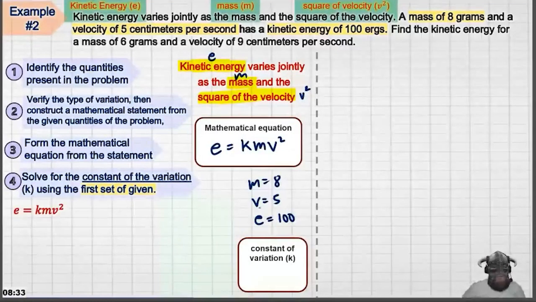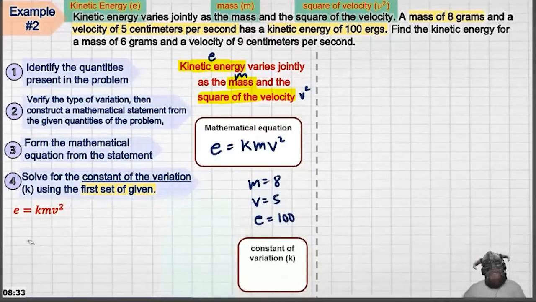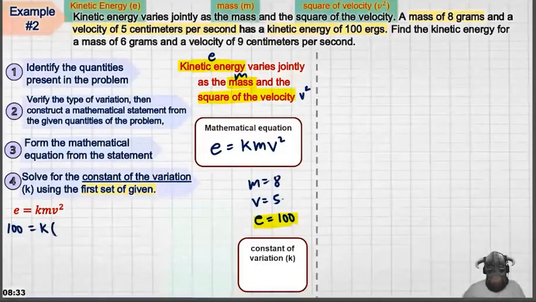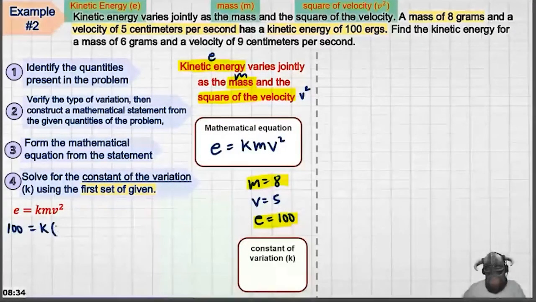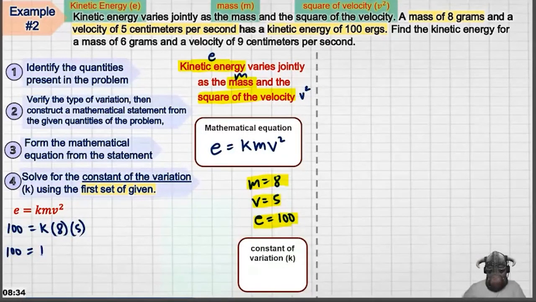And we'll try to use, once again, this mathematical equation to solve for the value of K. Substitute lang natin, E will be equal to 100 is equal to K times M. Ang value ni M ay 8. So, 8 yan. And then V is equal to 5. Substitute natin. So, 100 is equal to K times 8 times 5. We can simplify this one.